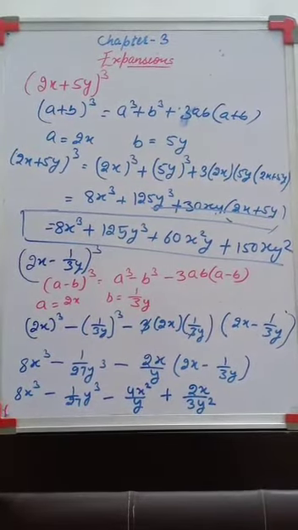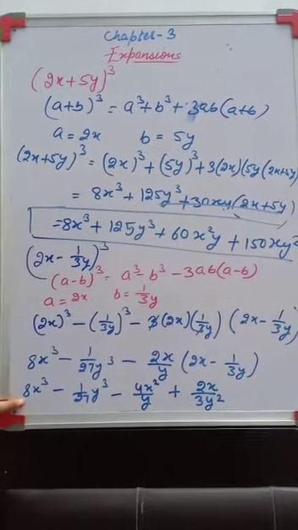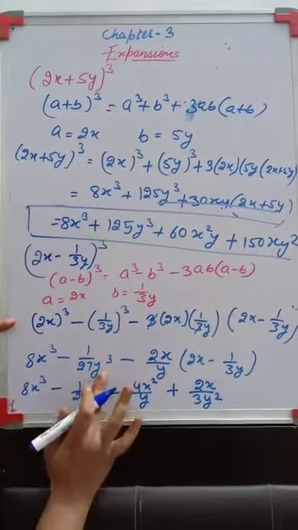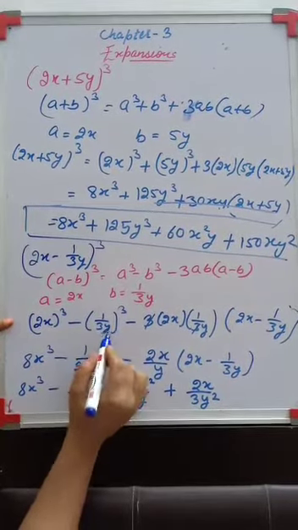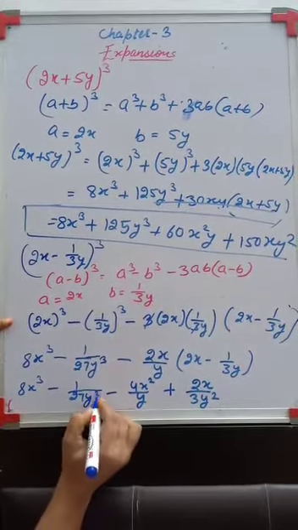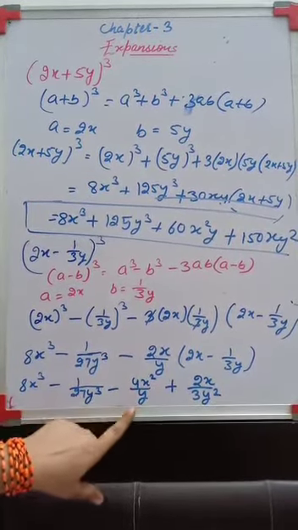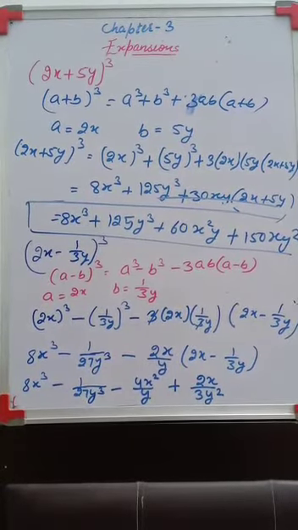So what is the result? My answer, the expansion of this, is 8x cube minus 1 upon 27y cube, because y was in the denominator, minus 4x square upon y plus 2x upon 3y square, right?